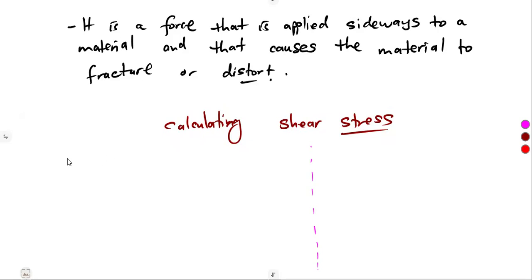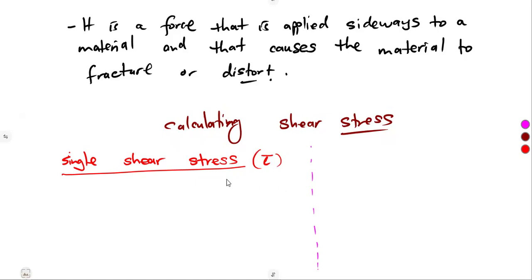So let's say we have a single shear stress. A single shear stress is going to be represented by the letter tau, though guys, this depends on your textbook also. For us not to have confusion, you can just use the letter tau throughout. Like we said, stress, the letter tau.